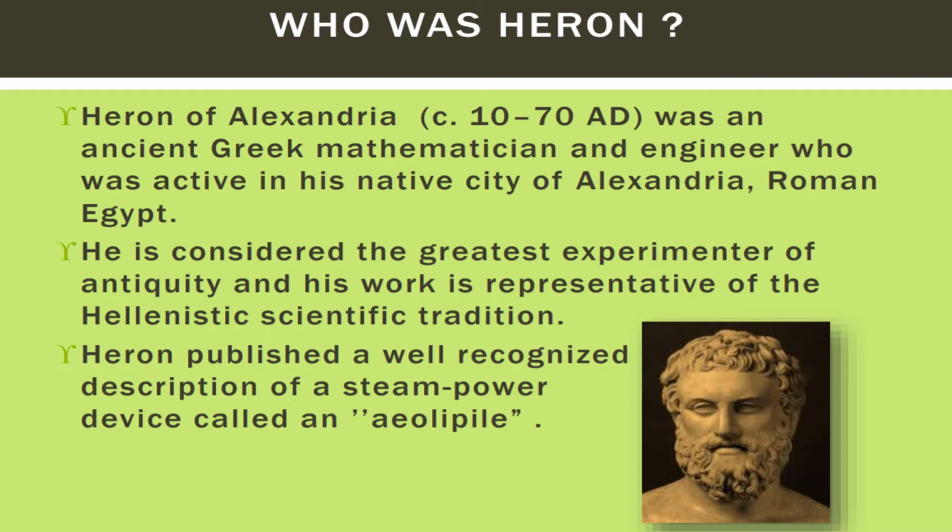He is considered the greatest experimenter of antiquity, and his work is representative of the Hellenistic scientific tradition. Okay, my children. Heron published a well-recognized description of a steam-powered device called an aeolipile. Okay, my children.